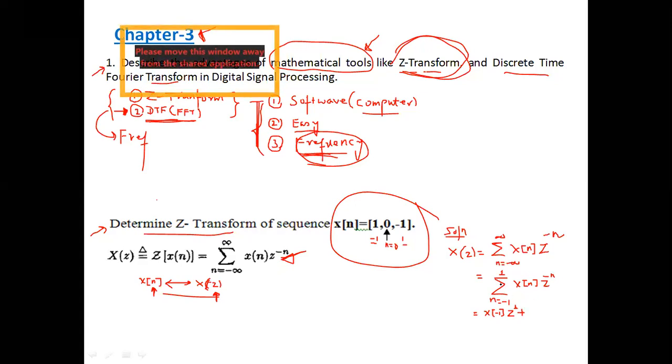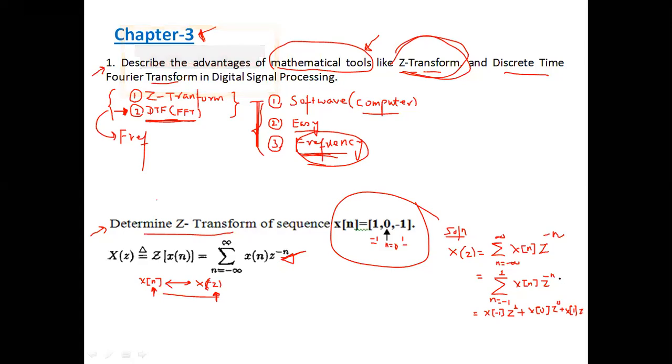Plus, because this is a summation, what is the next n? n is 0. x of 0, z to the power of -0 means 0, right? Plus x of, what is the next value? x of +1, z to the power of 1. When n is 1, it will be -1.